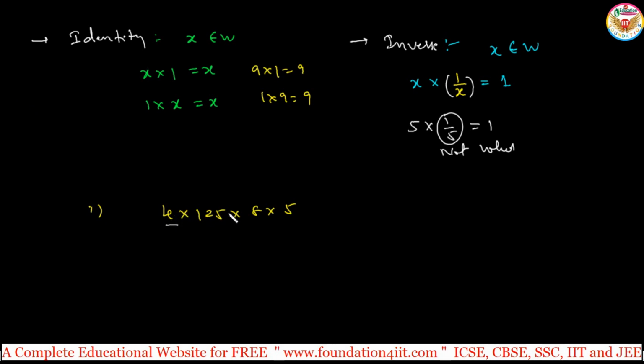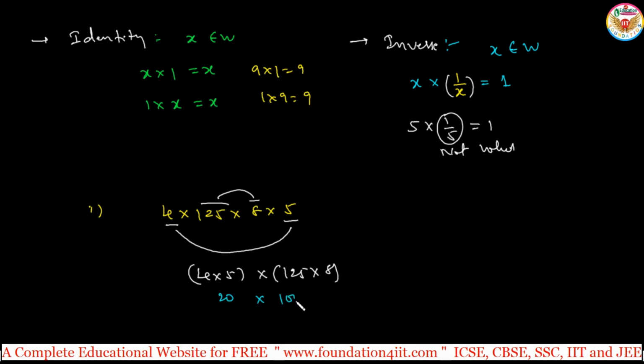That means 4 into 5, as one set, into 125 into 8. So 4 times 5 is 20, 125 times 8 is 1000. So finally it is 20,000. This is just by rearranging the numbers to evaluate. You can use this rule.